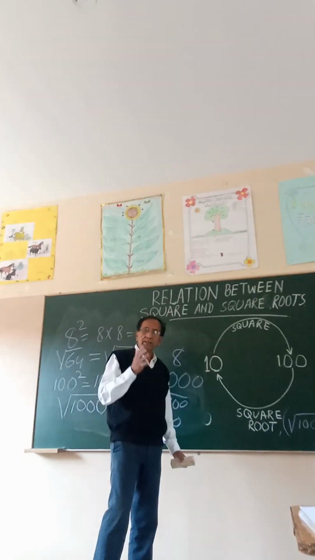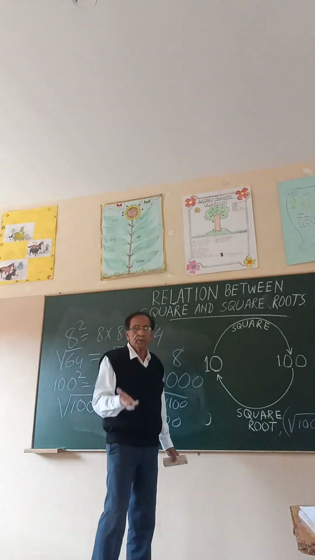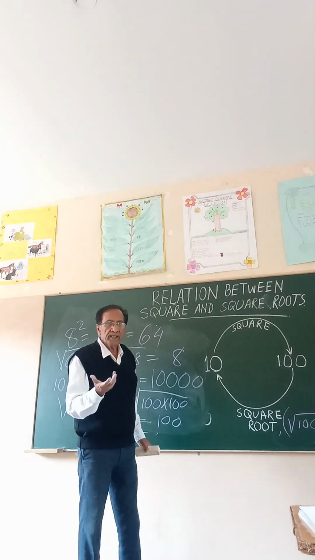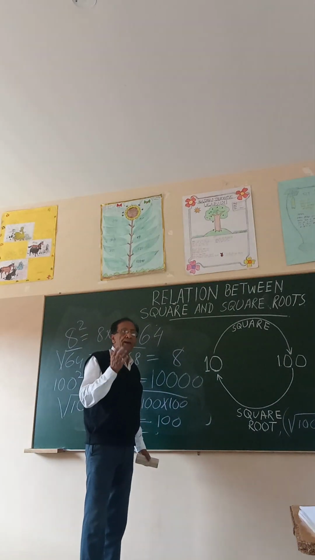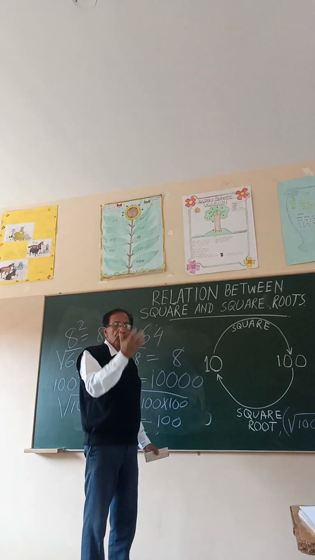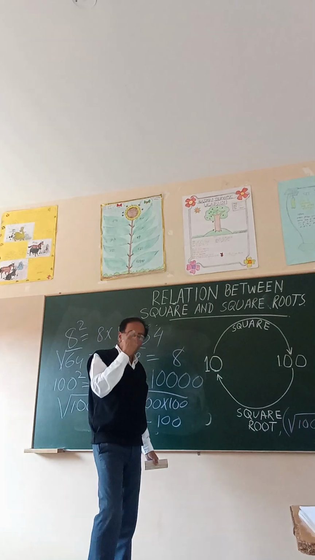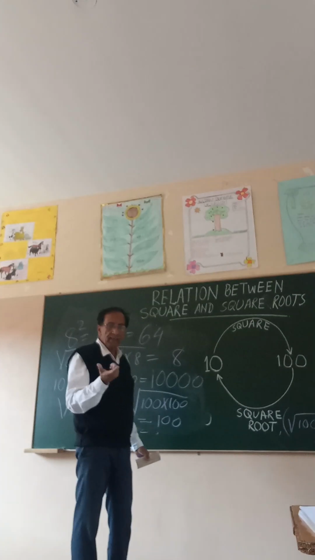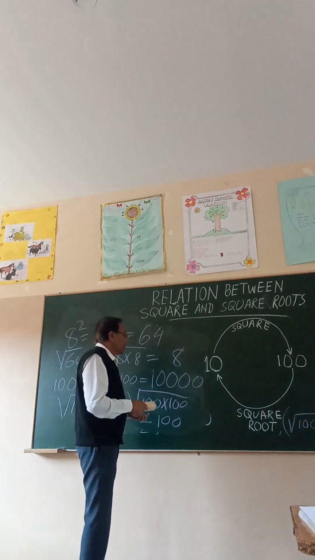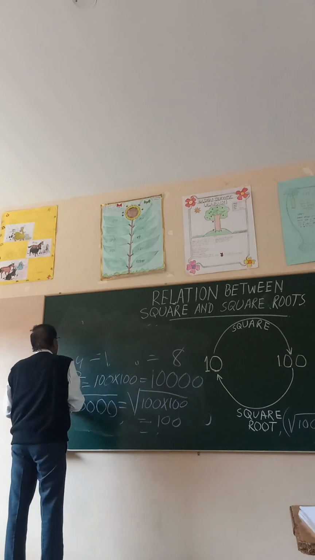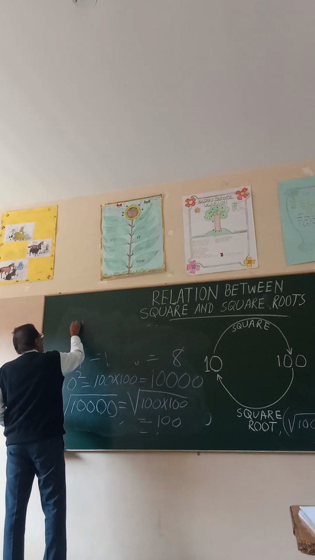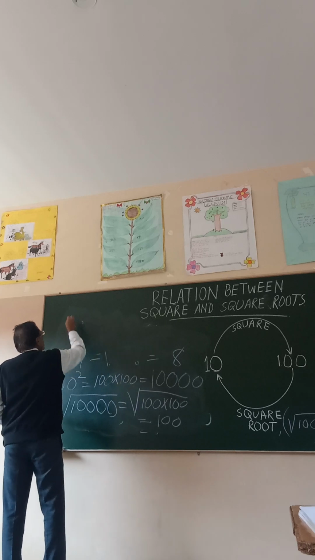A perfect square number is a number whose square root is a complete whole number or natural number. Perfect squares are those numbers whose square root is a whole number or natural number. Another example of a perfect square is 9.